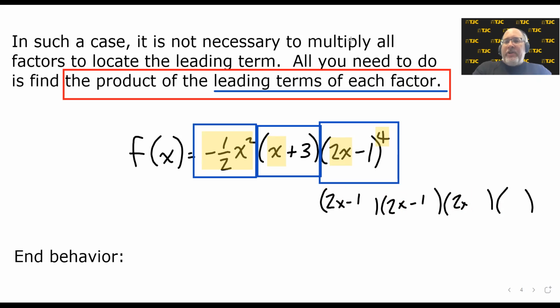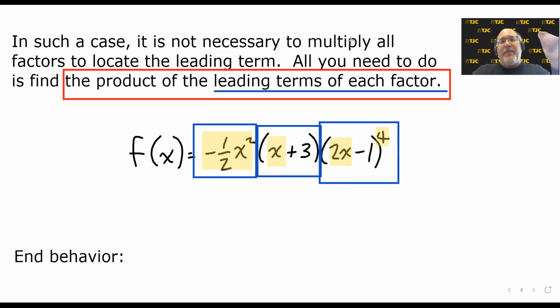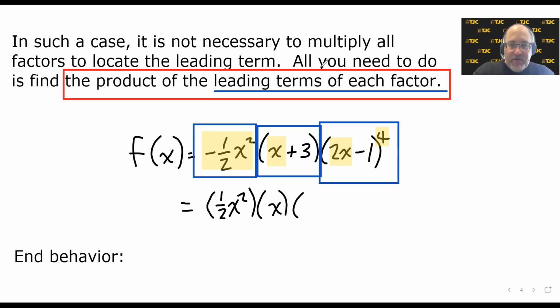So what we're going to do to find the leading term for a polynomial function that's already factored is find the product, aka answer to the multiplication problem, of the leading terms of each factor. And it goes something like this. This function is going to start out with whatever the answer to -1/2 x squared times x times 2x to the 4th power is, and then there would be more stuff after it.